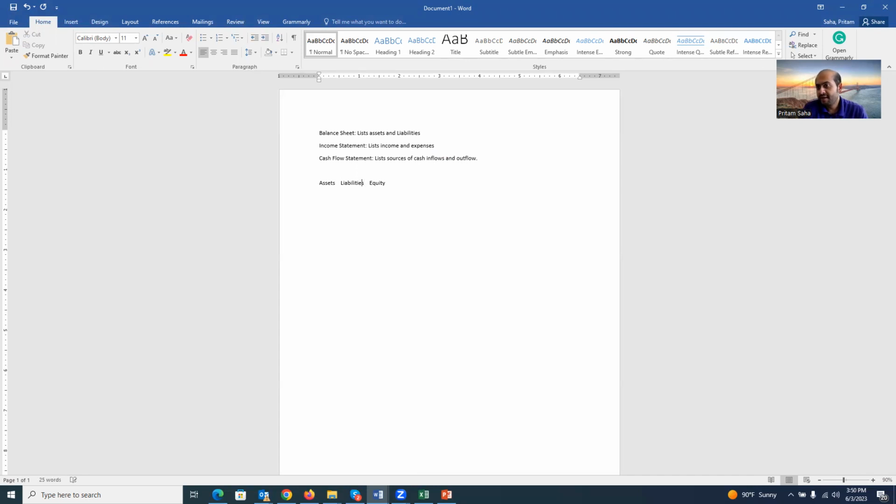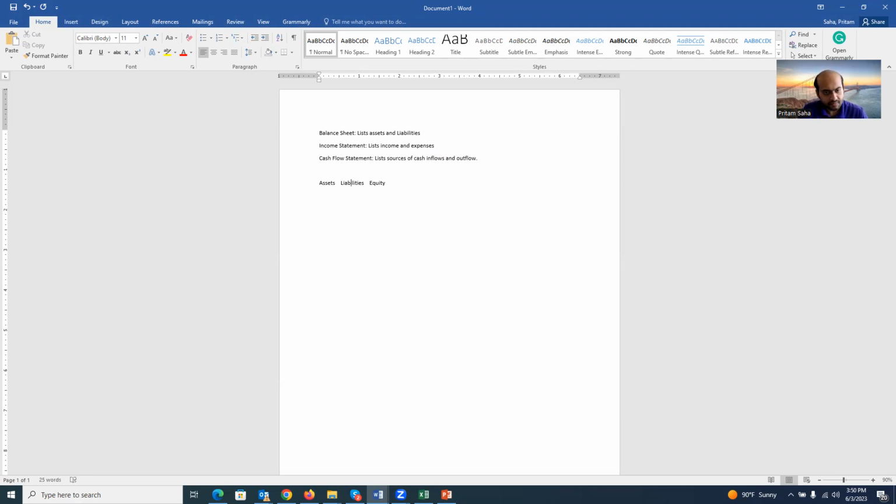Assets means cash, properties, plants, all of these. Liabilities means other than owners: if there are third-party creditors, like a bank providing some loans, or some people providing some loans. Any loans or any funds, any capital provided by other than the owners is listed as liabilities. Equity means any funds provided by the owners, the stockholders.